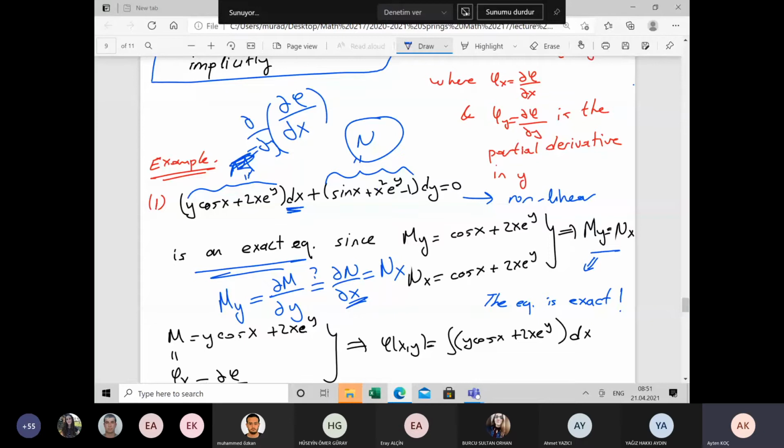So how to check whether it is exact or not? M is this one.